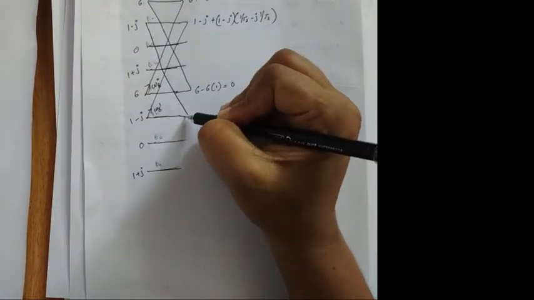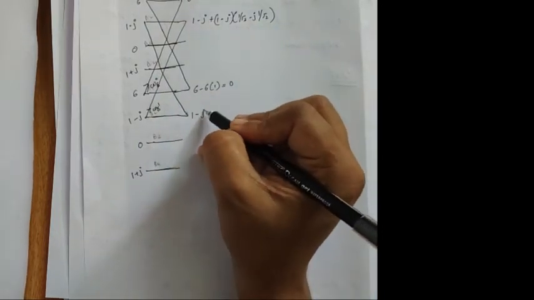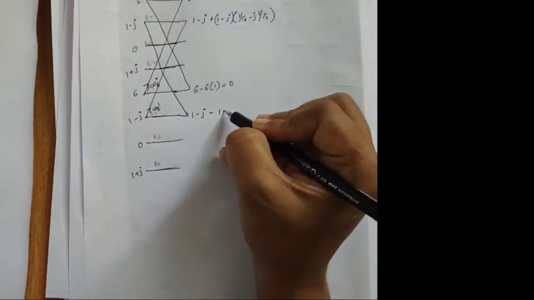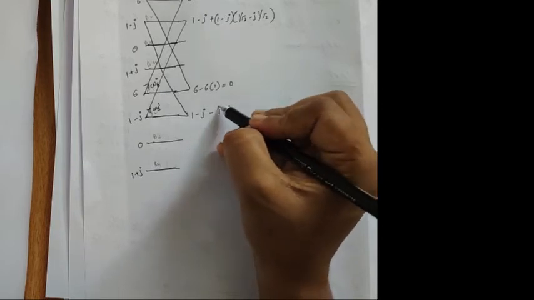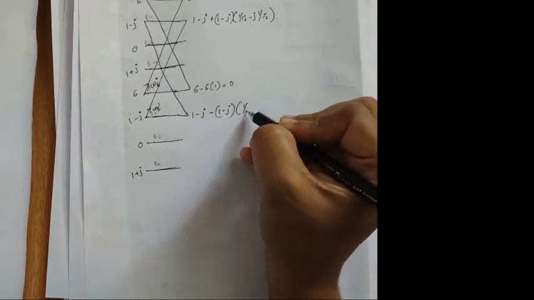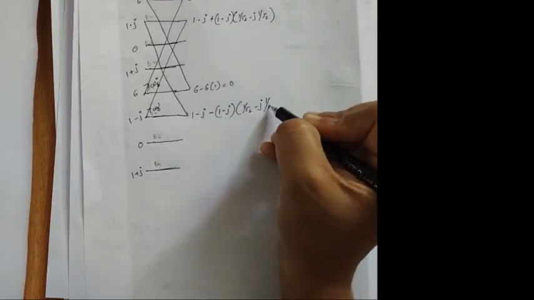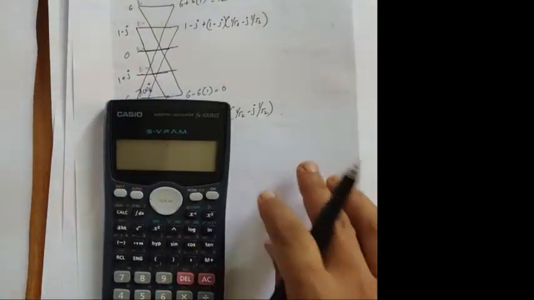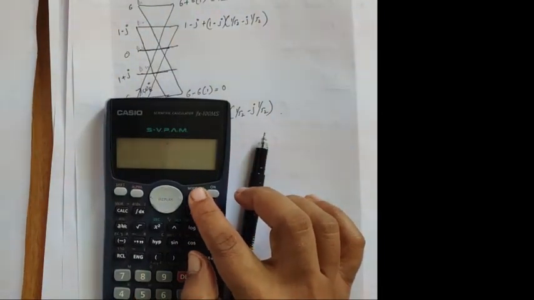And the next thing, 1 minus j minus 1 minus j into 1 by root 2 minus j 1 by root 2. Okay, so you can use a calculator for substituting this. You can give it in a complex mode.